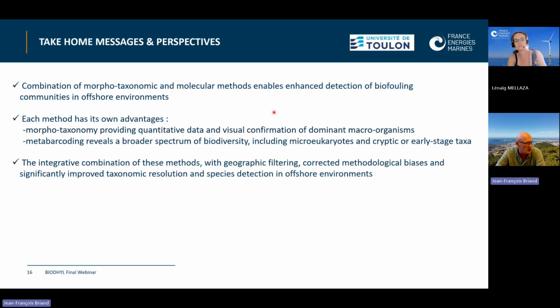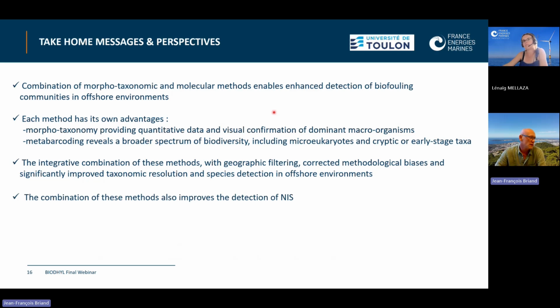This integrative combination of methods, including the geographic filtering, allows us to correct the methodological bias and significantly improve, as we saw, the taxonomic resolution and species detection.